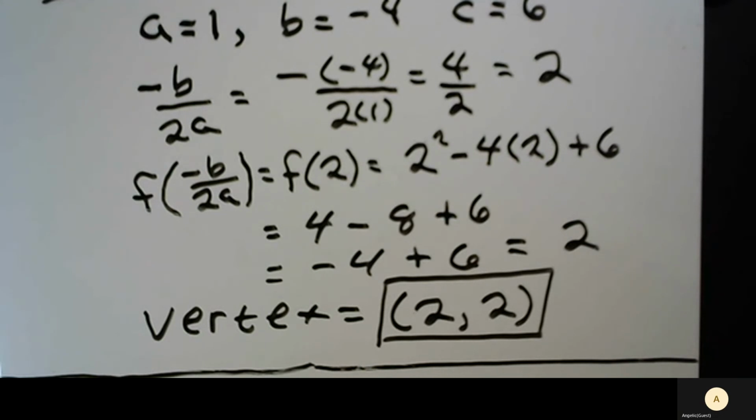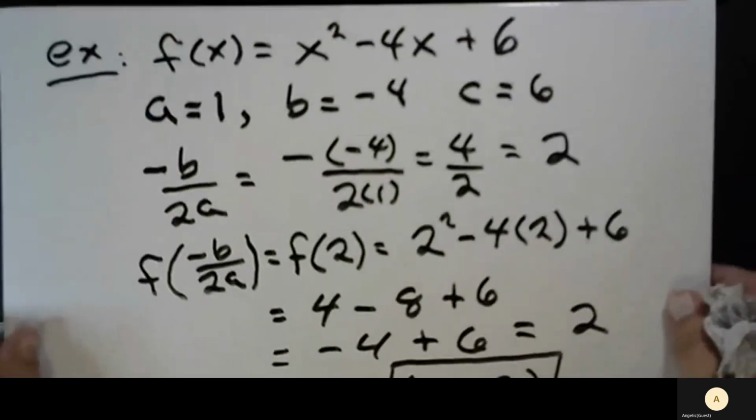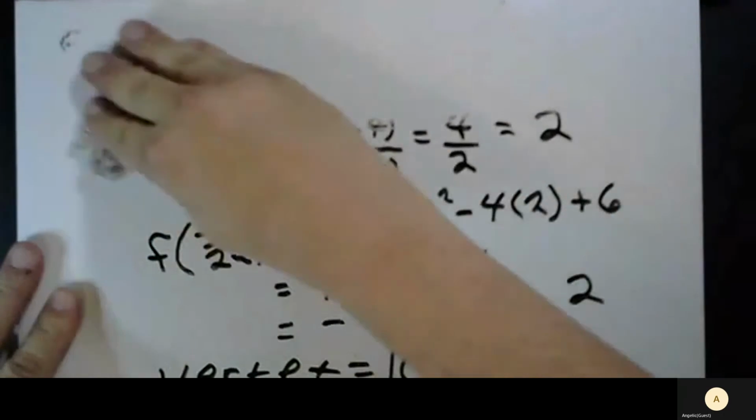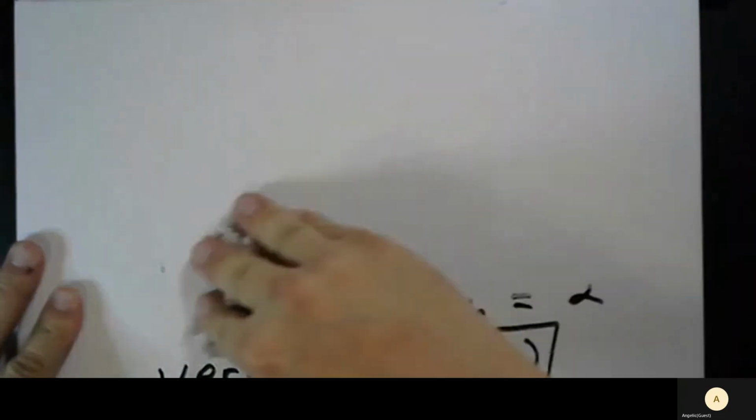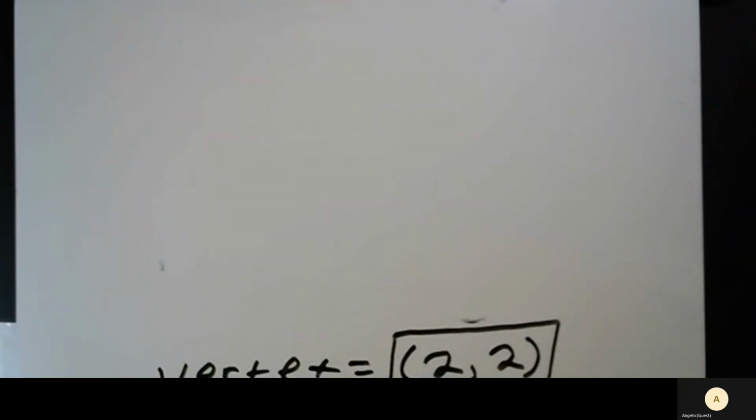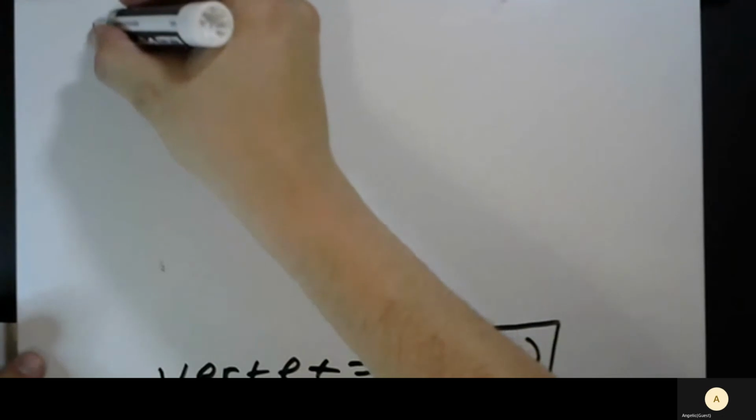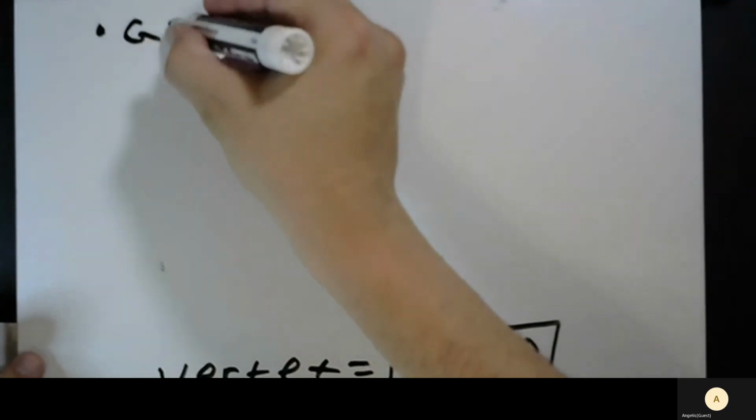Right. So there are other parts about the parabola. Another thing we could ask is, what would be the vertical axis, or the axis of symmetry?